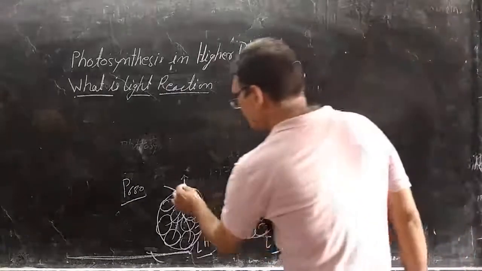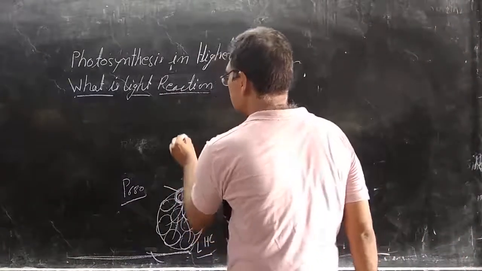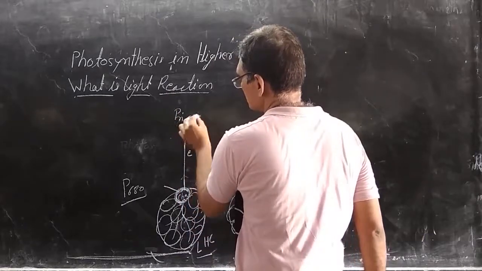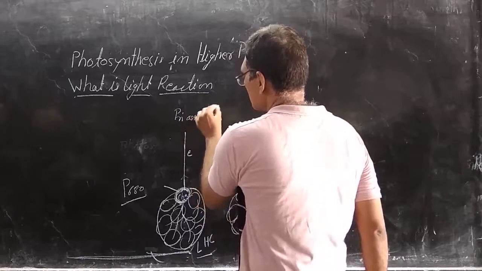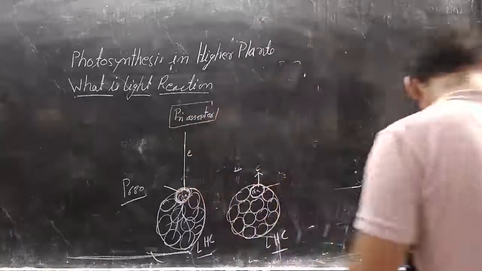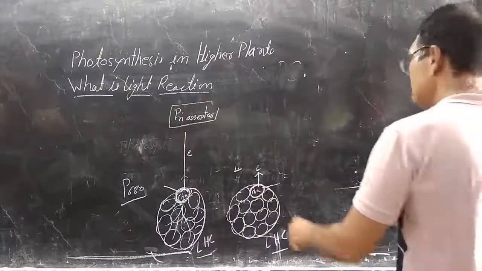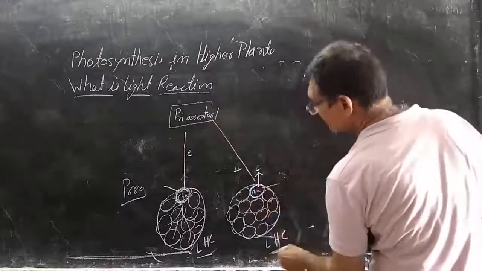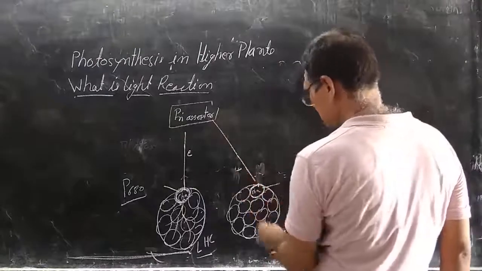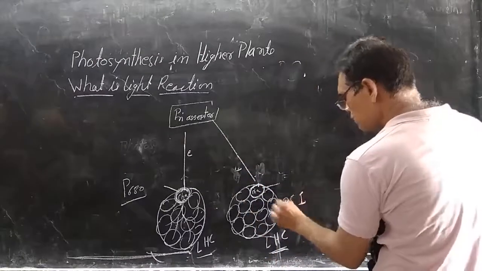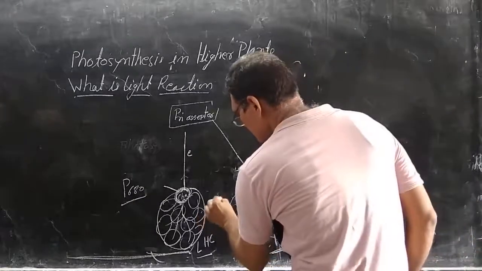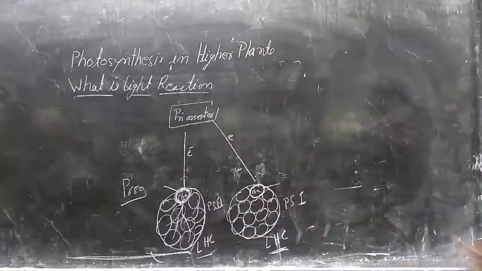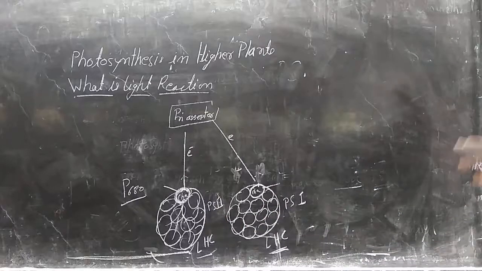From photosystem second, the electron will be released, which is accepted by the primary acceptor. That is unknown. प्राइमरी एक्सेप्टर से ये कहाँ आता है, to photosystem first, that is again LHC. फोटो सिस्टम फर्स्ट में.